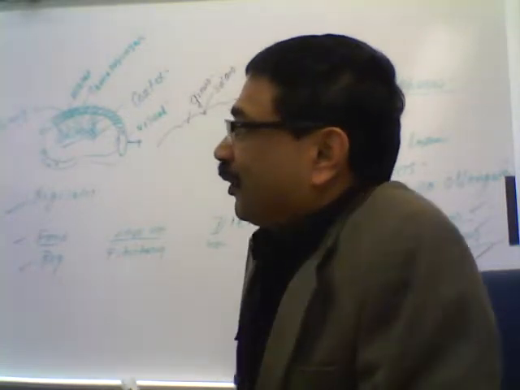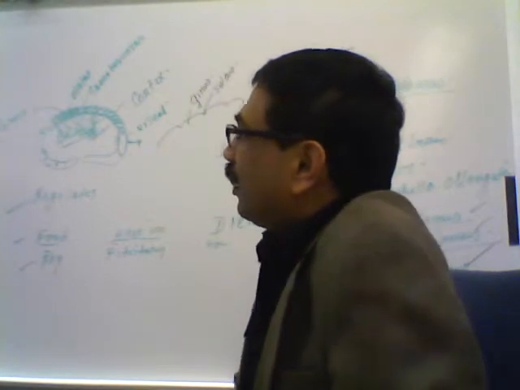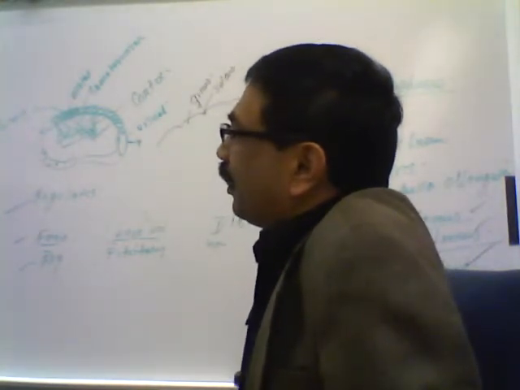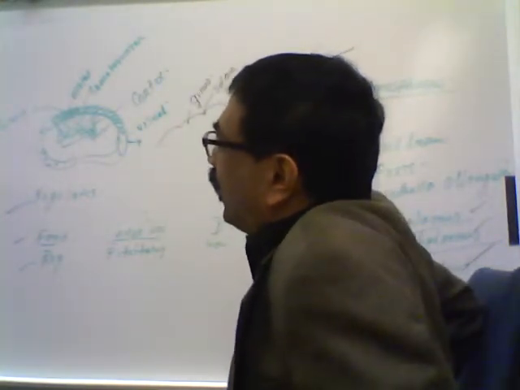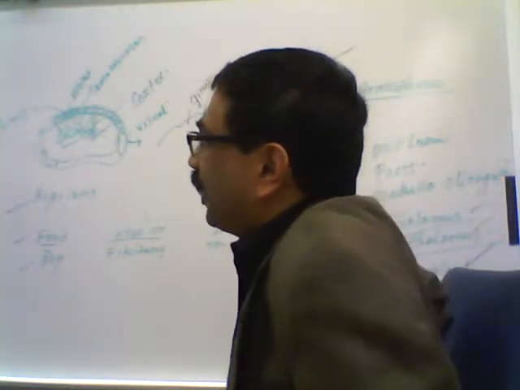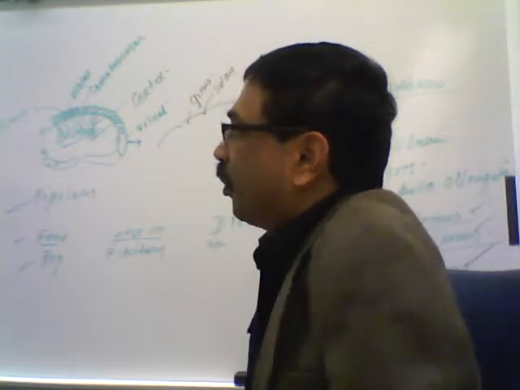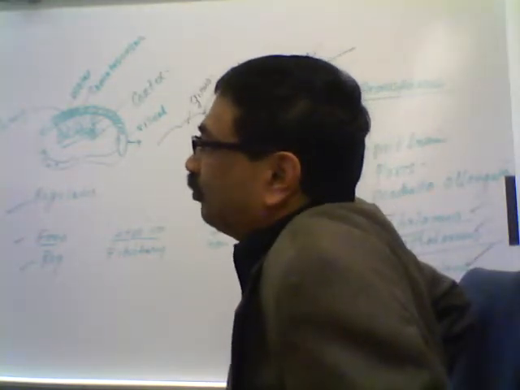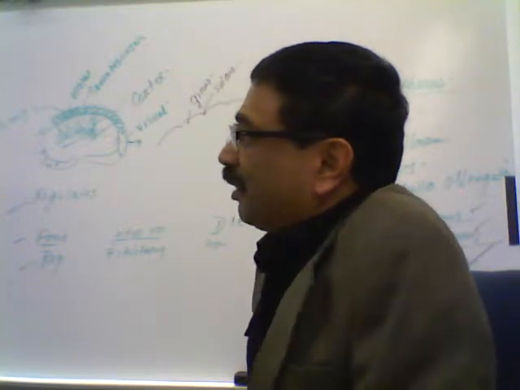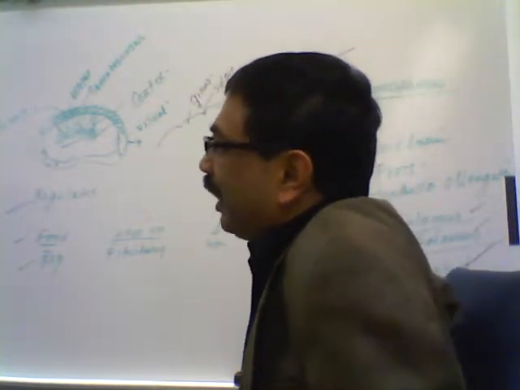Then, if you see in the center of the frontal lobe, there is an area called Broca's area, shown by the dotted line.